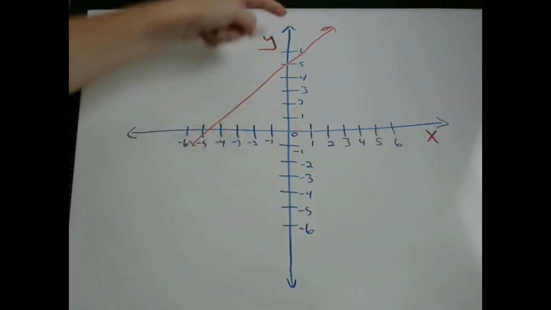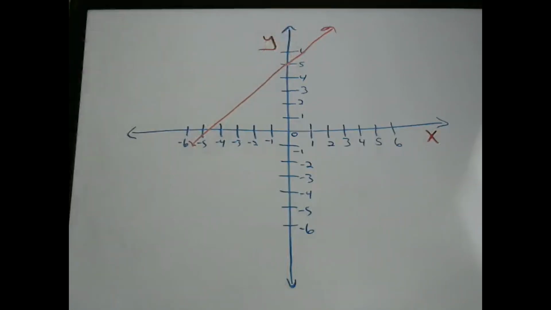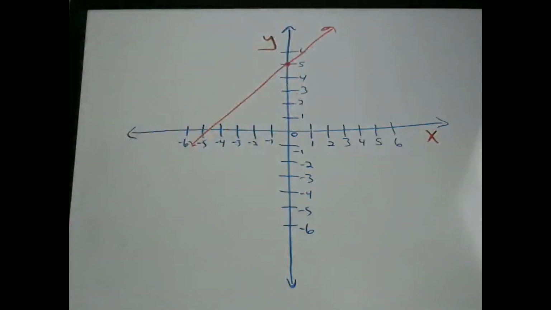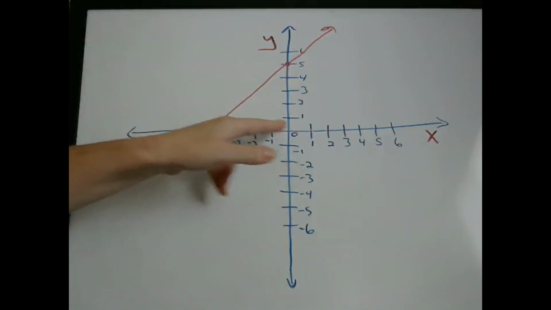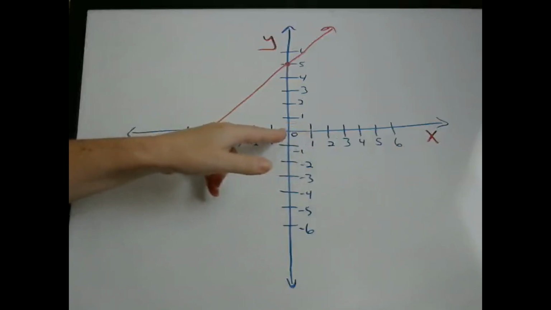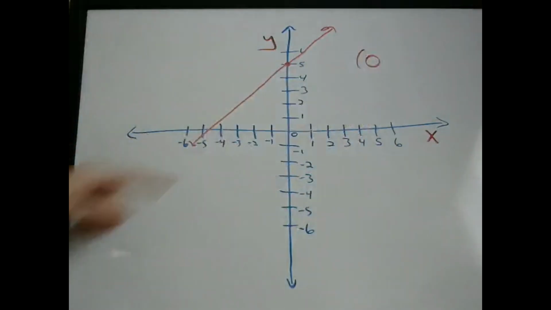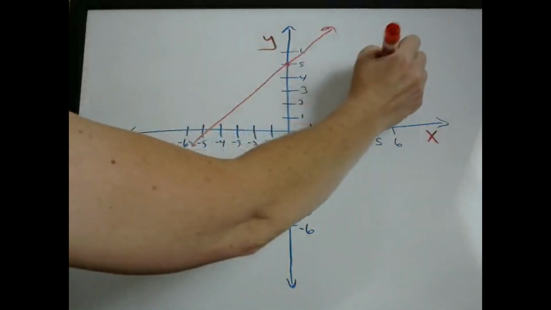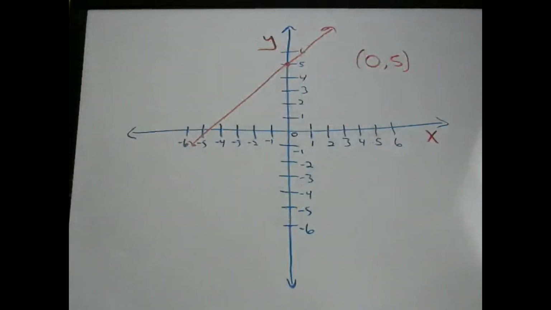So here you can see where this line crosses the y-axis is right here. And so what is the coordinate of that point? Well, when you start at the origin, we're not going either way, left or right, so your x component is going to be 0. And then y, 1, 2, 3, 4, 5, is your y component. So this point is (0, 5). That would be your y-intercept.